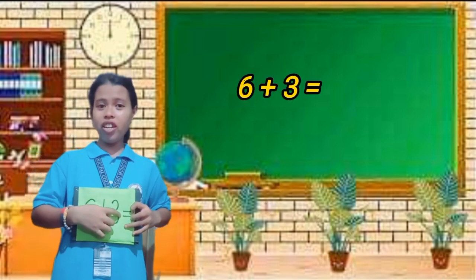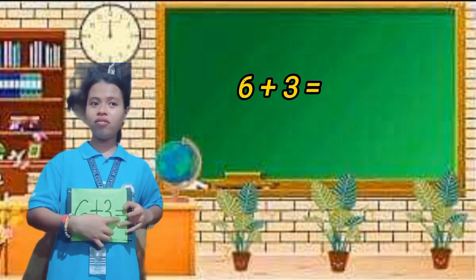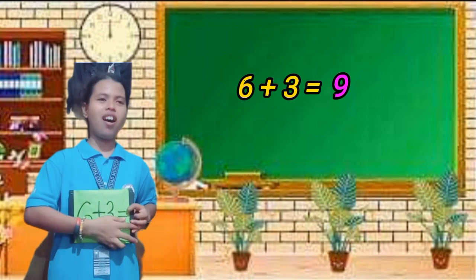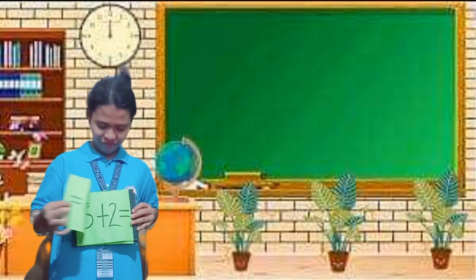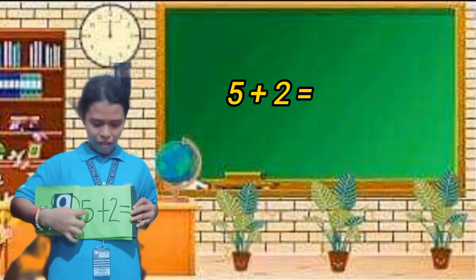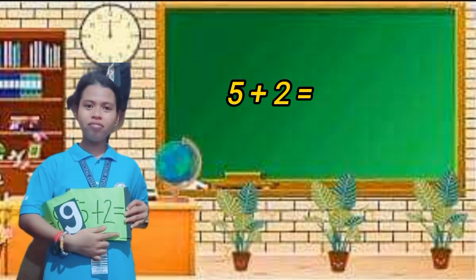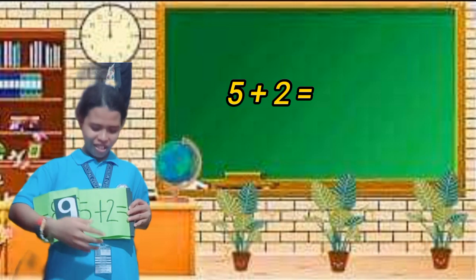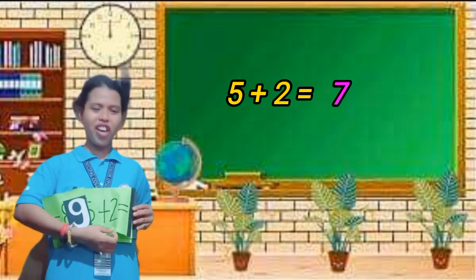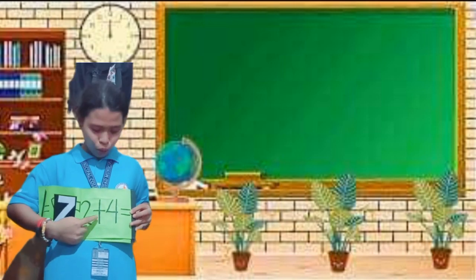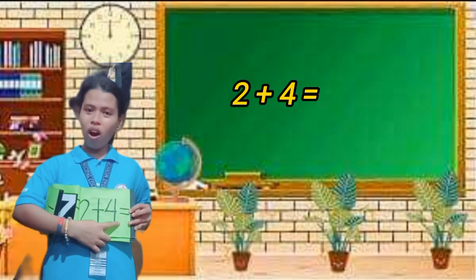6 plus 3 is equals? Okay, very good. The answer is 9. Next. 5 plus 2 is equals? Okay, very good. The answer is 7. Next. 2 plus 4 is equals?